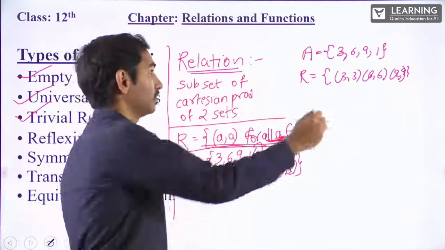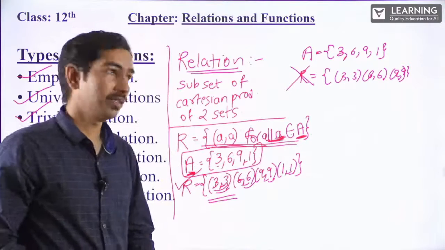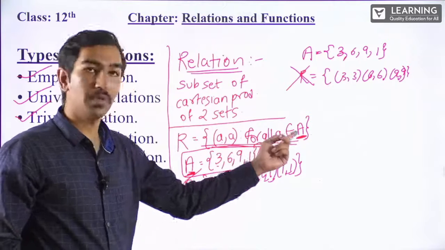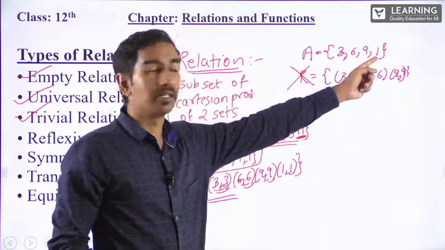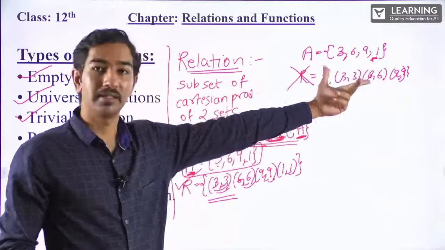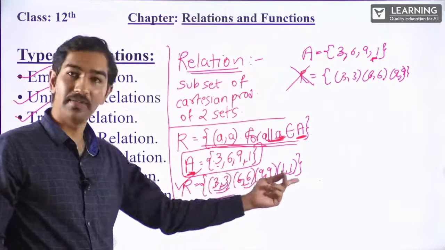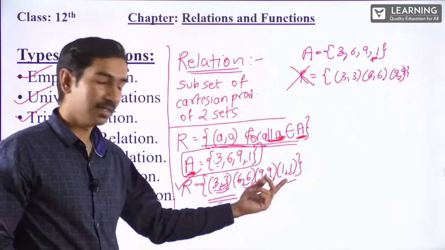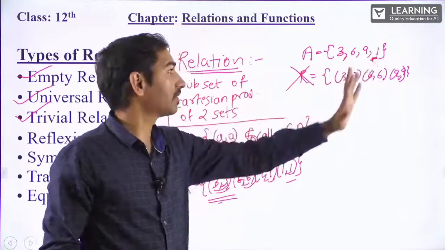The answer is no. Because for all a belongs to A, this element is not being doubled: (1, 1) is not there. Here in the first relation, all the elements of A are there, so it is reflexive. Here 1 is missing, so it is not a reflexive relation.